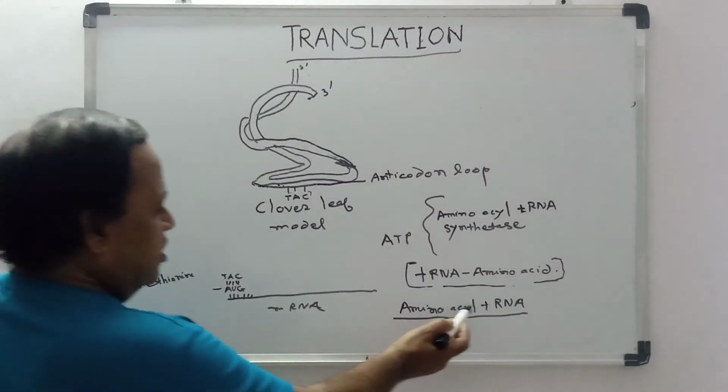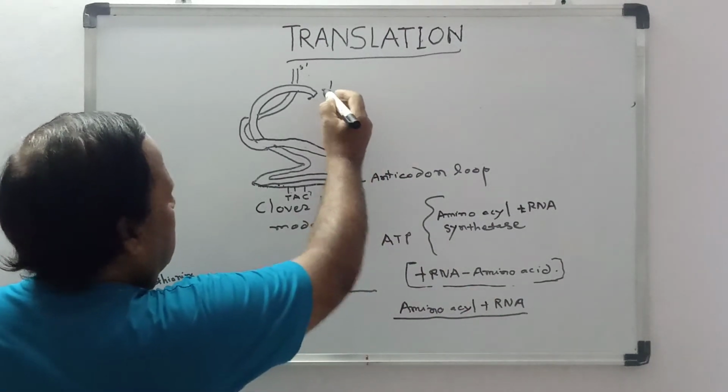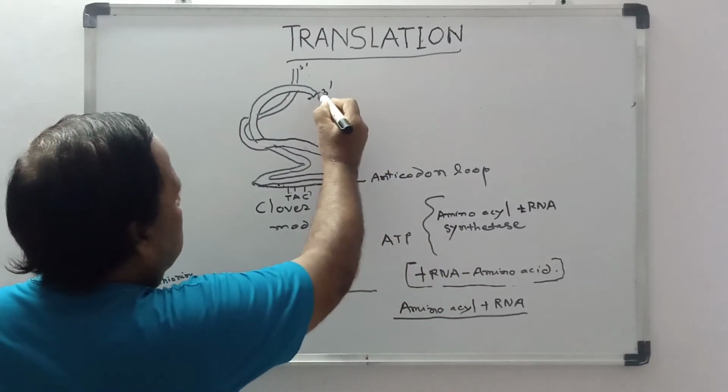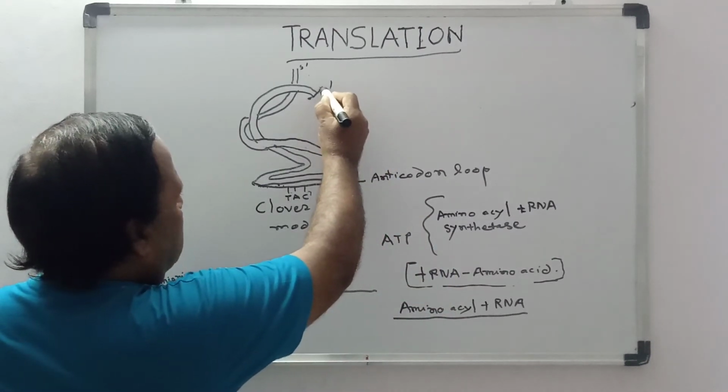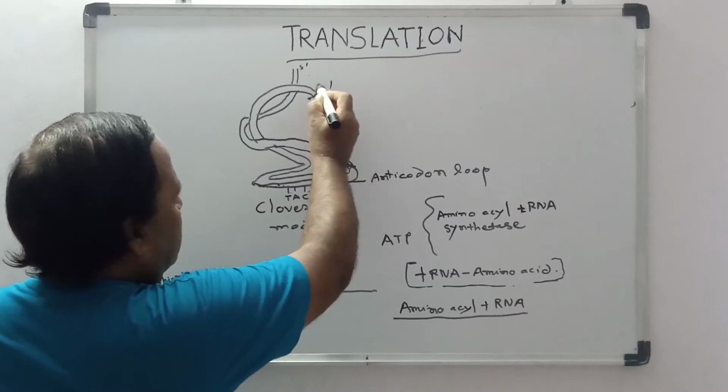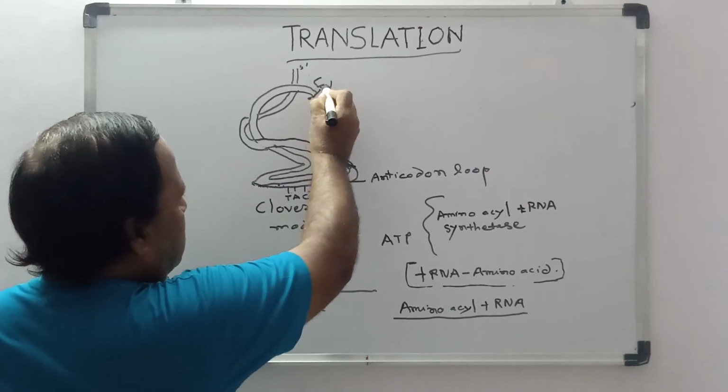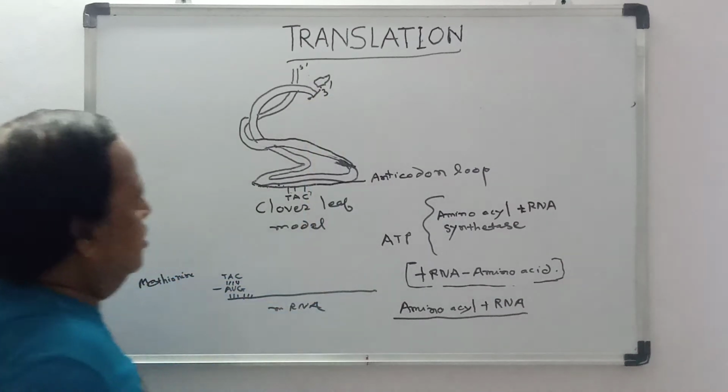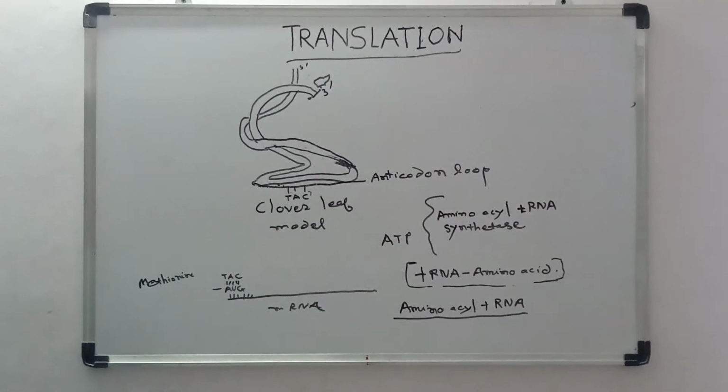This amino acyl transfer RNA, along with the amino acid, will join at the 3' end of the transfer RNA.